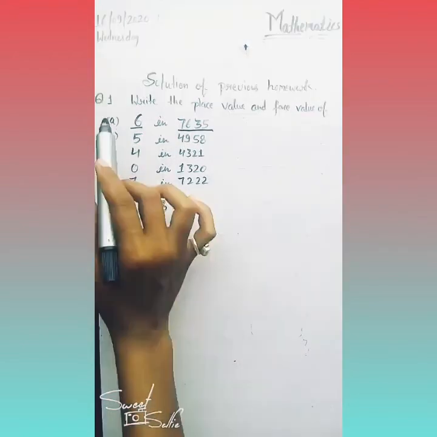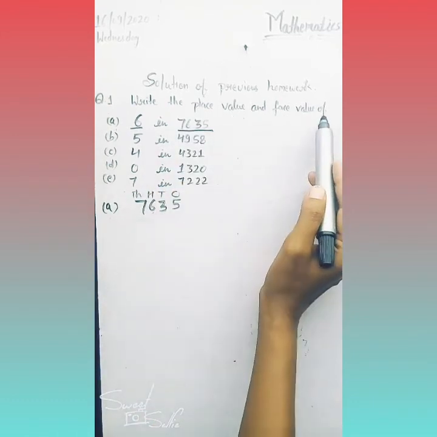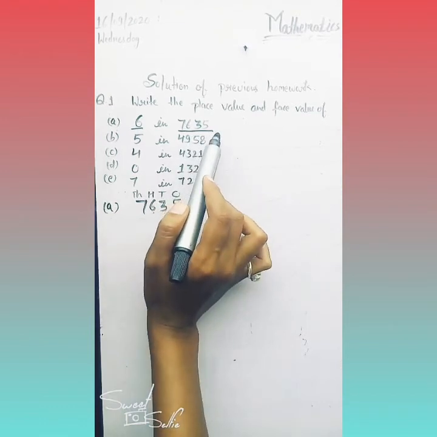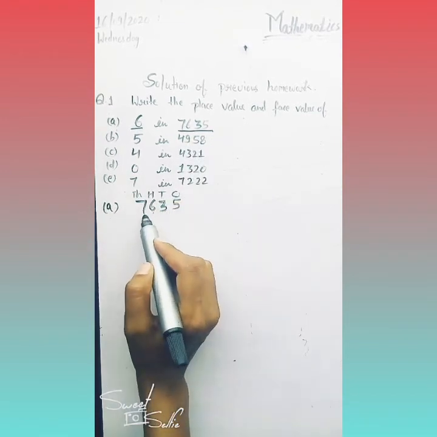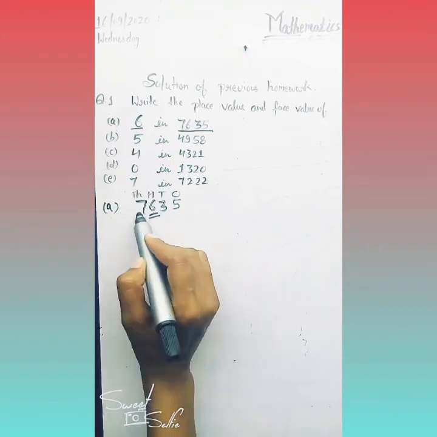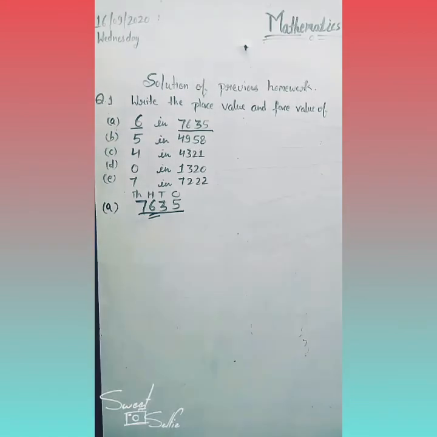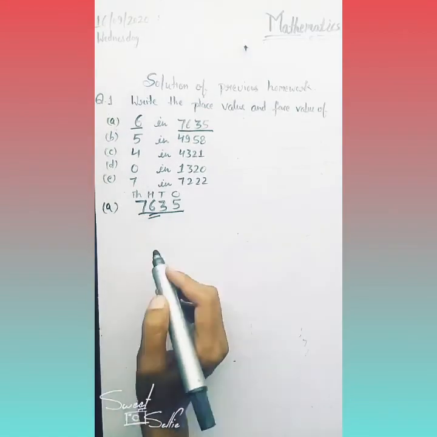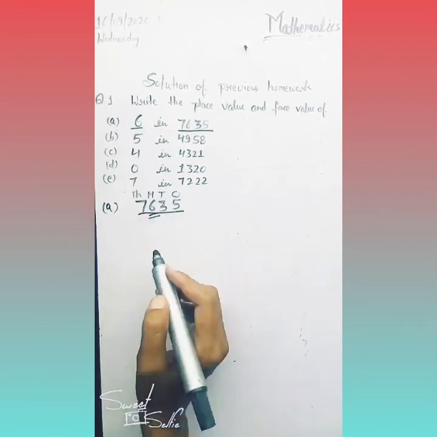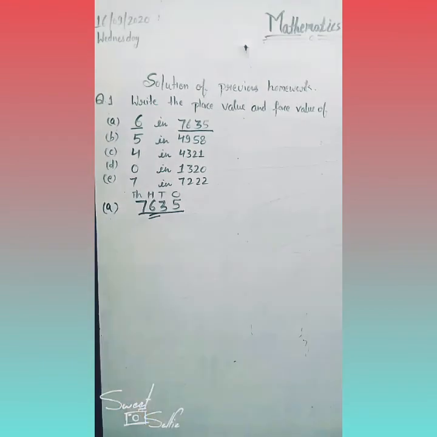Question number first: write the place value and face value of 6 in 7635. We have to find out the place value and face value of 6 in 7635. You can see 6 is at the hundreds place: ones, tens, hundreds and thousands.